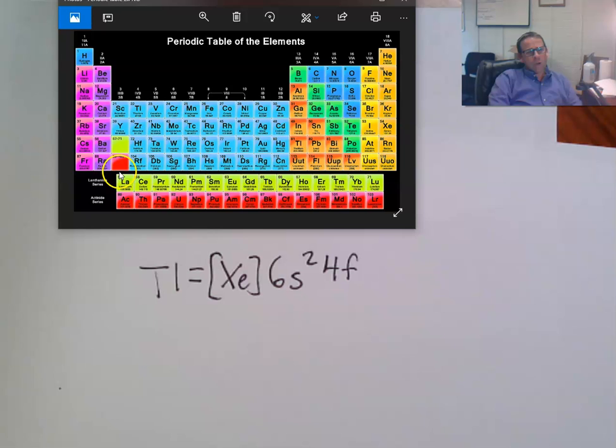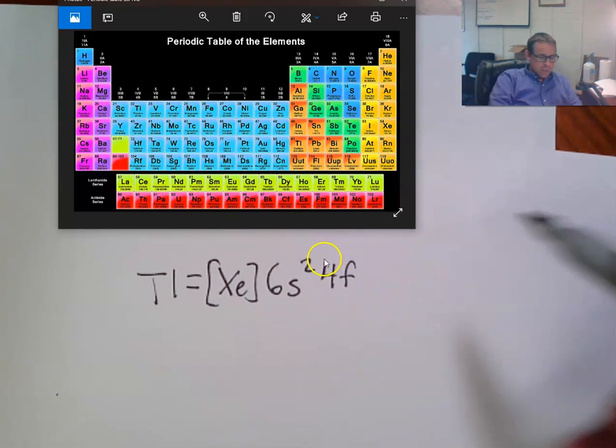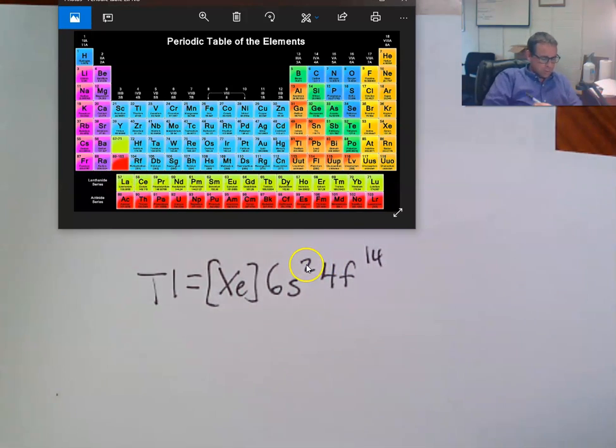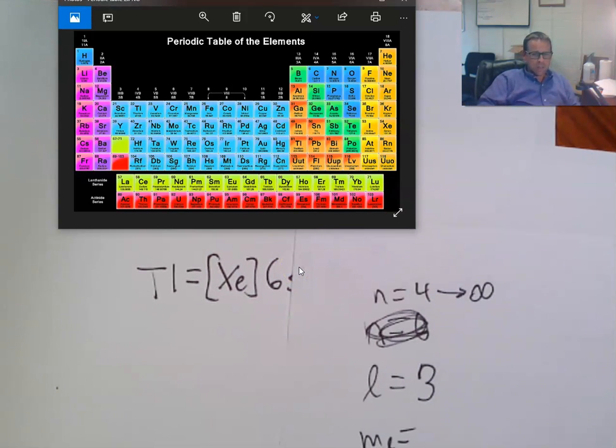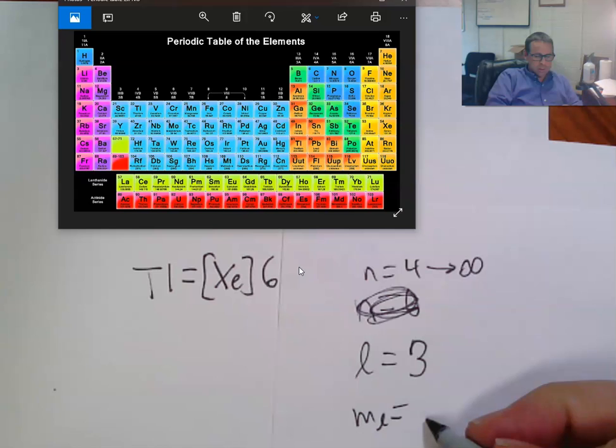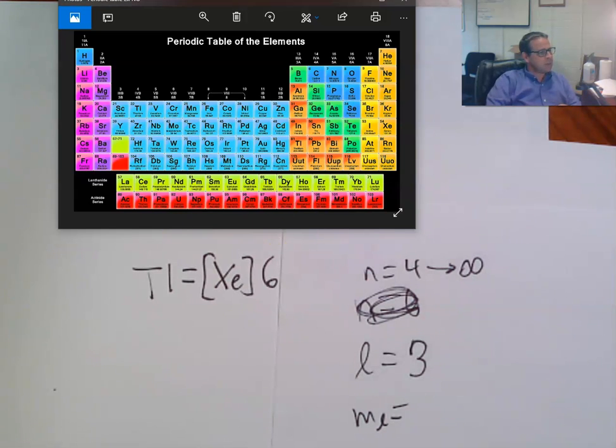Okay? So, another way that we knew it was going to be 4F14 is going back to our L equals 3. If L equals 3, the possible M sub L values, who else do we have down here? Anybody? Going back to the top of the list again. Aisha, what are the possible M sub L values if L equals 3?